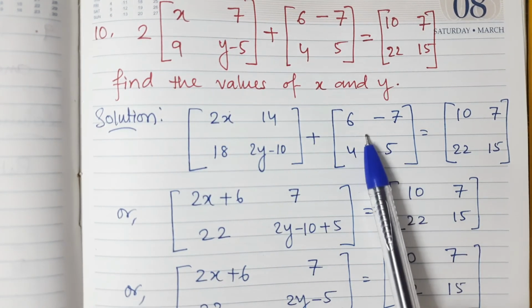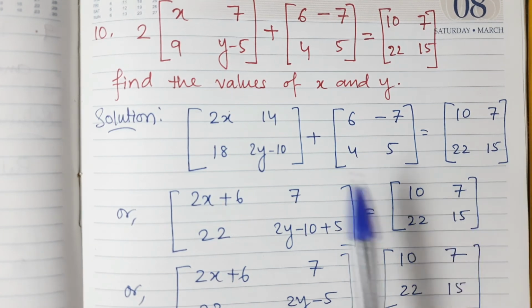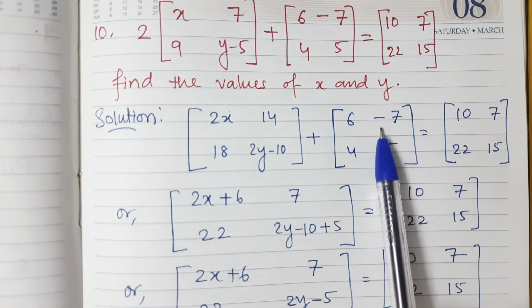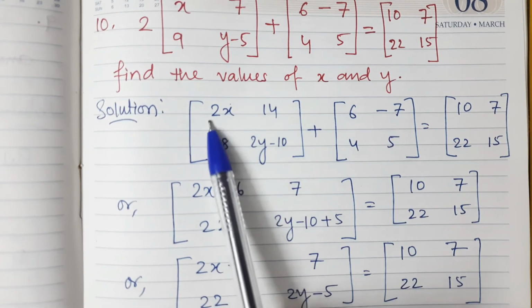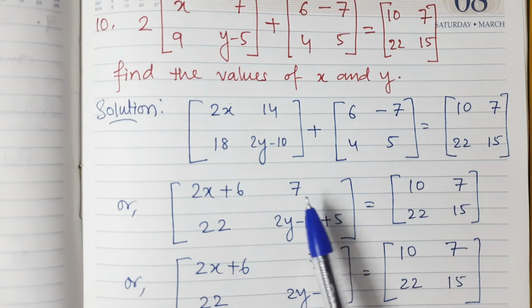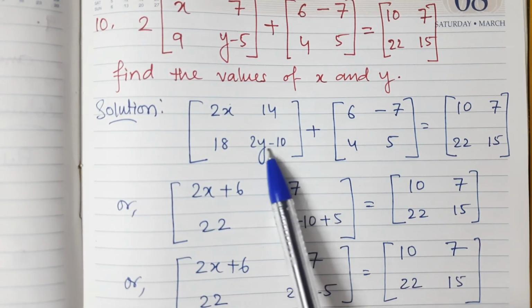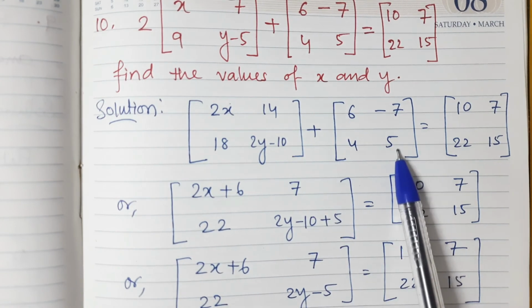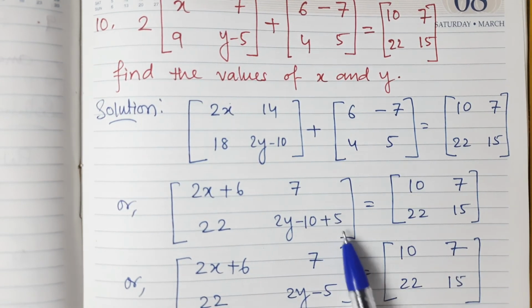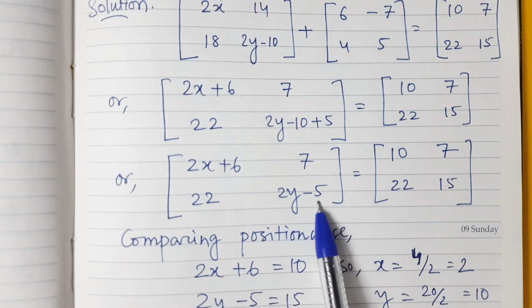Now this matrix and this matrix is there, so this is the equation now. Now this plus this, so do the addition. So 2x plus 6, 14 plus of minus 7, that is 7, 18 plus 4, 22, and 2y minus 10 plus 5. After calculation we are getting 2y minus 5.